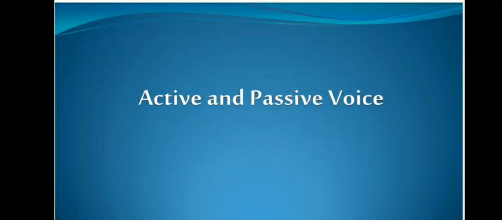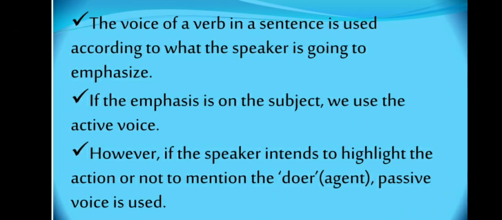Guys, active and passive voice. The voice of a verb in a sentence is used according to what the speaker is going to emphasize. Because if the emphasis is on the subject, we use the active voice. However, if the speaker intends to highlight the action or not to mention the doer, the agent, passive voice is used.